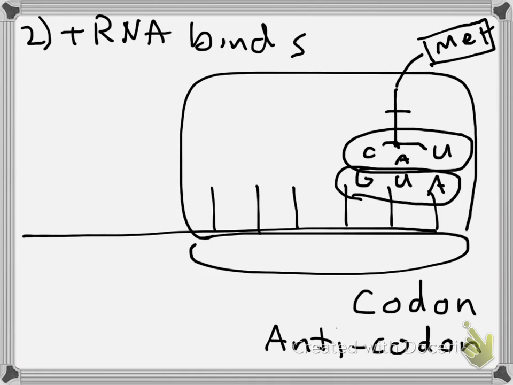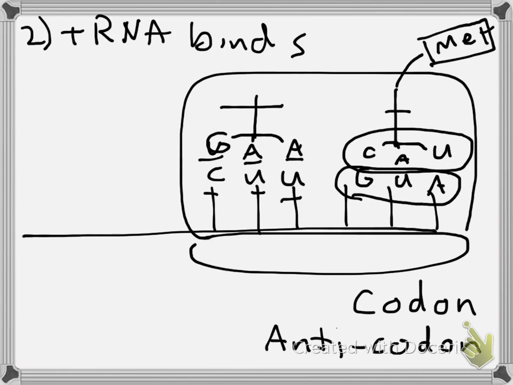Next, a second tRNA can bind to the ribosome, and if the sequence of nucleotides on the mRNA is UUC, then the next tRNA that comes in would have to be AAG in order to be complementary. So again, the codon here would be UUC, the anticodon is AAG, and the two sequences are complementary. This happens to bring in an amino acid called phenylalanine.